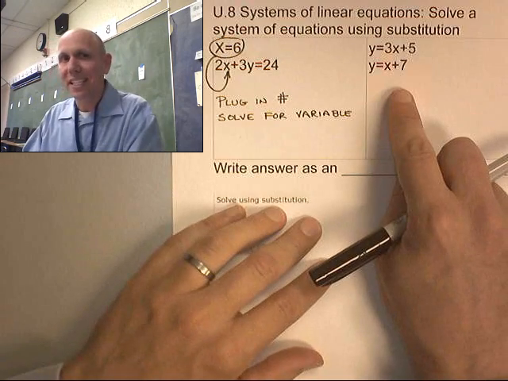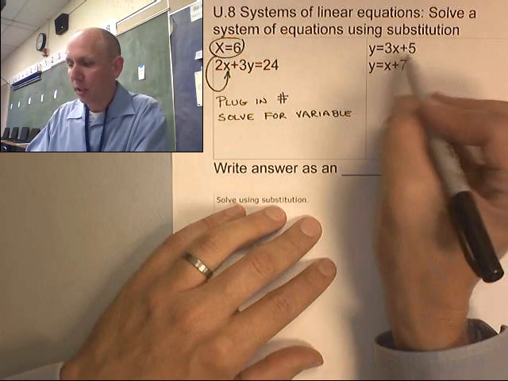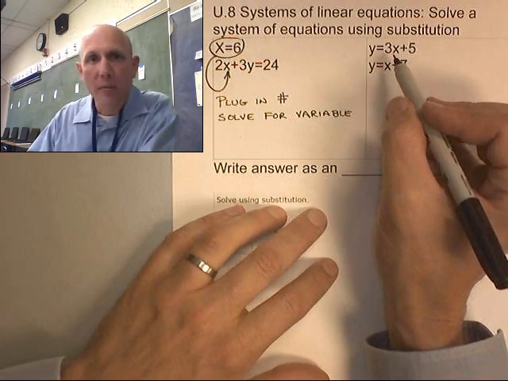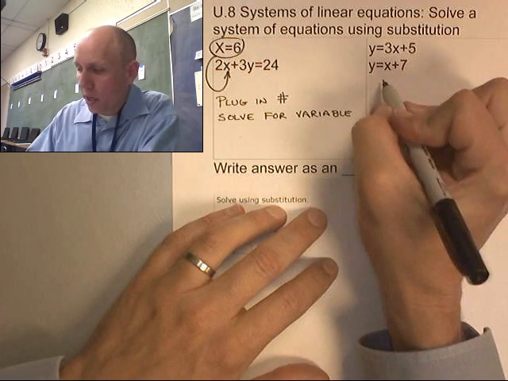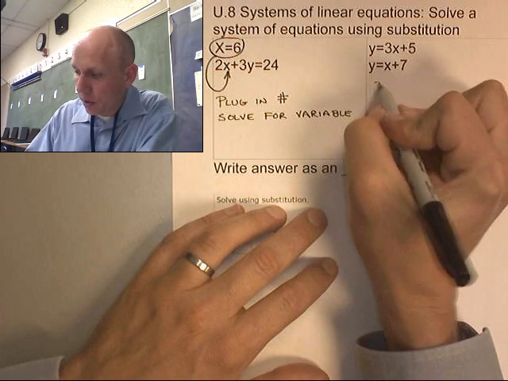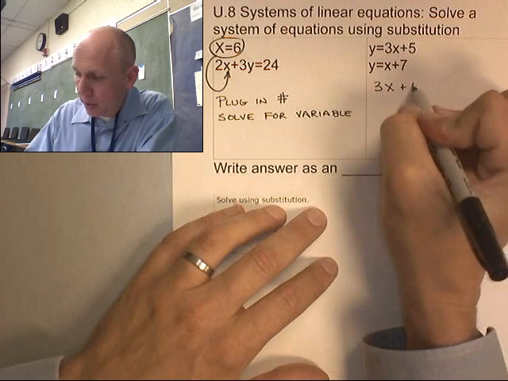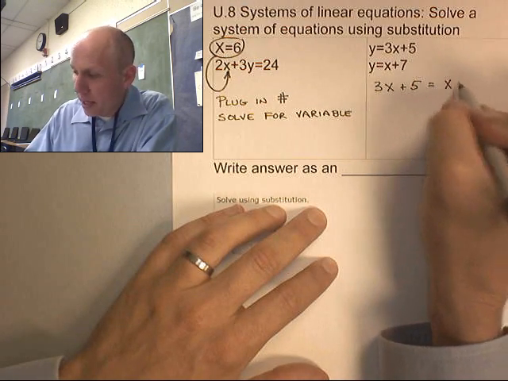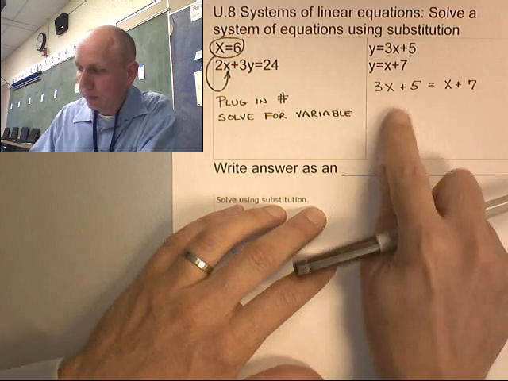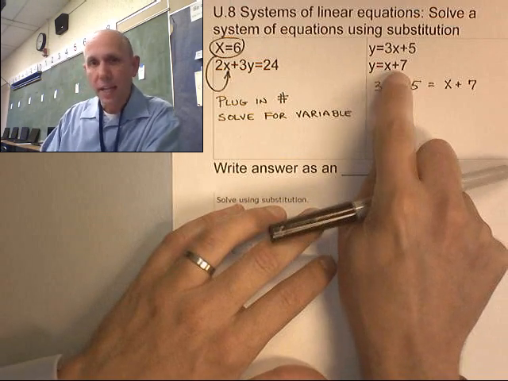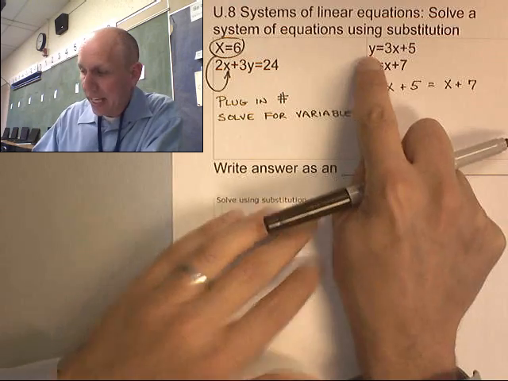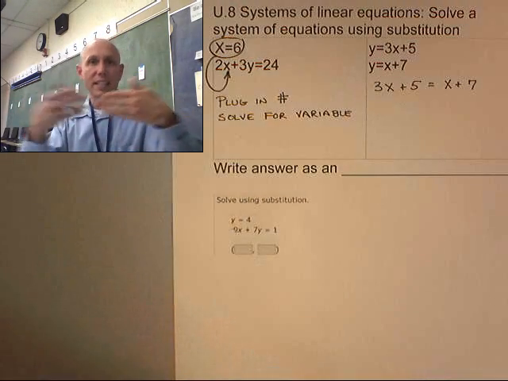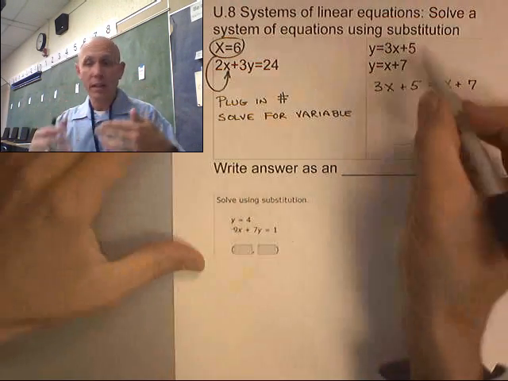This one, it's a different type of substitution. Look, they're both in slope-intercept form. What I'll do here is I'll set the y's equal to each other. 3x plus 5 equals y, and y equals x plus 7. If this guy equals y and that guy equals y, the two guys equal each other, right?